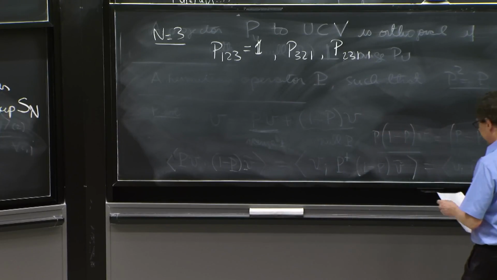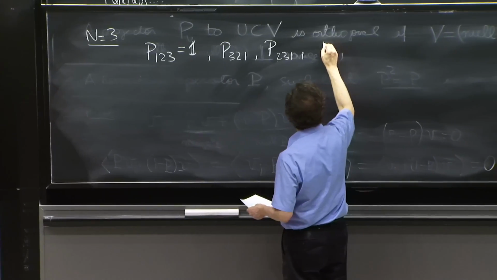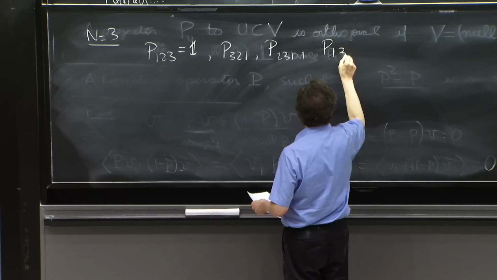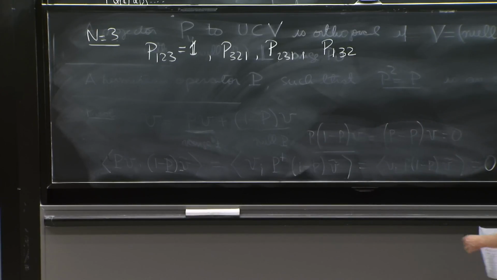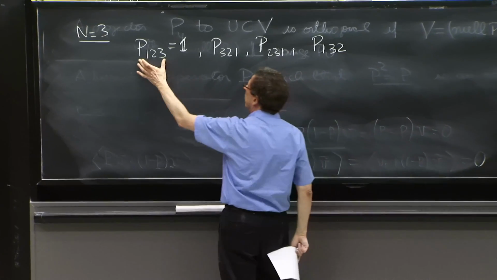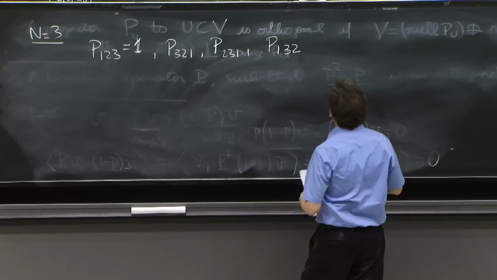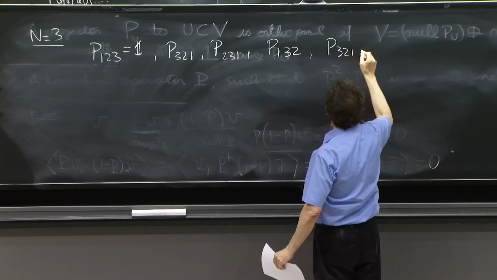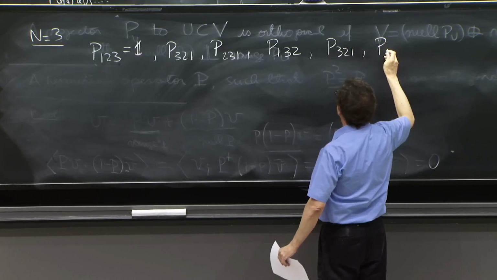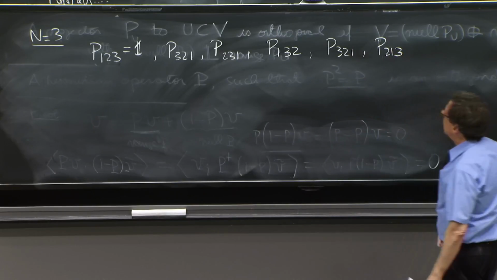And now you have the following one, P1, 3, 2, for example. That was not in the list. You had the P1, 2, 3, and now you flip this 2, P1, 3, 2. If I cycle them, P3, 2, 1, and P2, 1, 3, these are it.